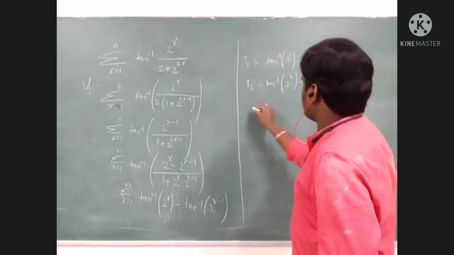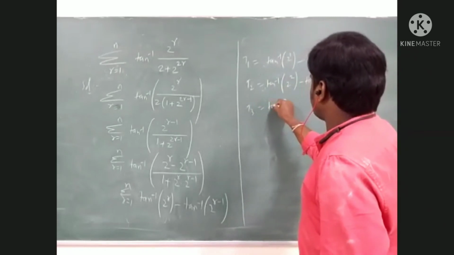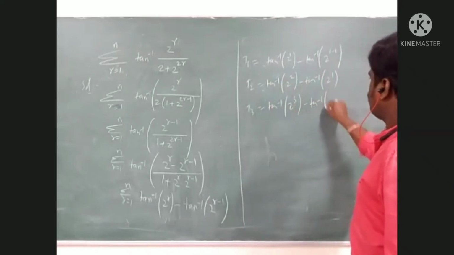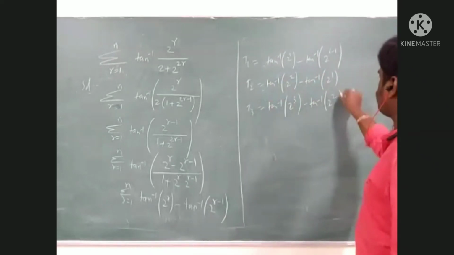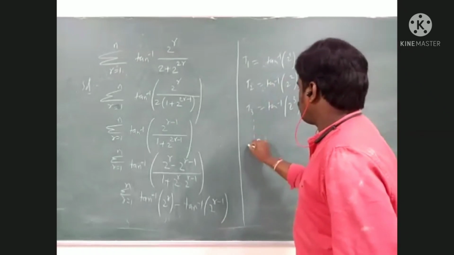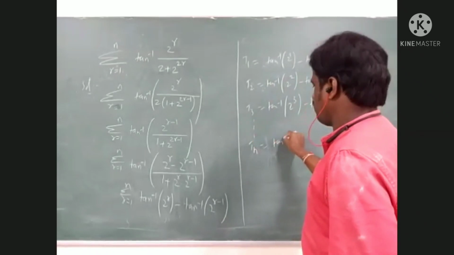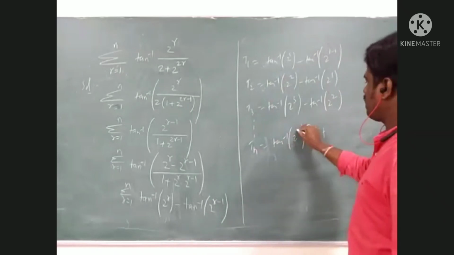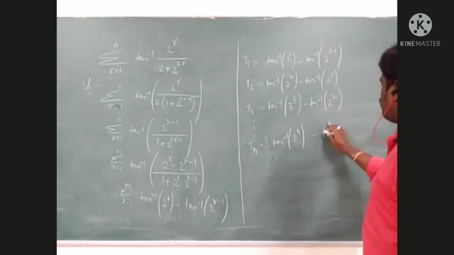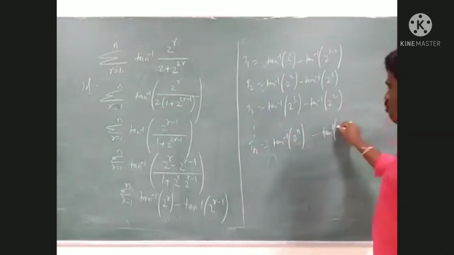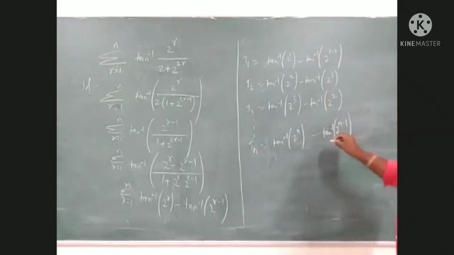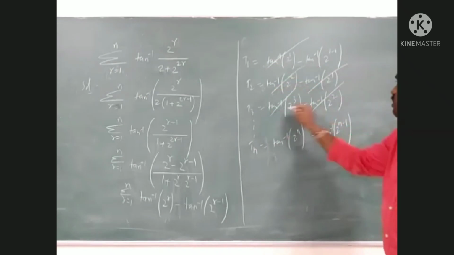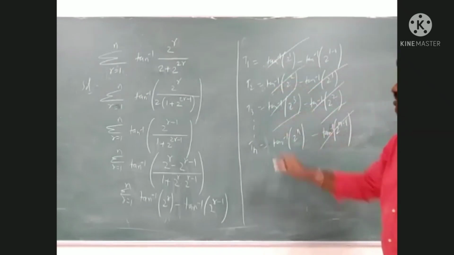T3, I get tan inverse 2 power 3 minus tan inverse 2 power 3 minus 1, 2. Like that, Tn is tan inverse 2 power n minus tan inverse 2 power n minus 1. Each term cancels with the previous one.